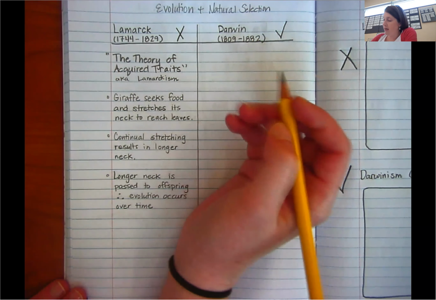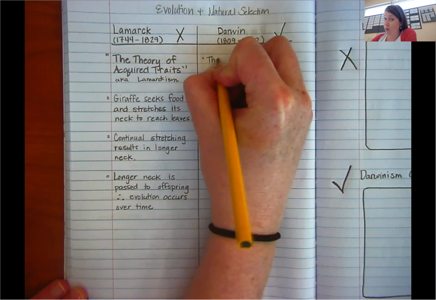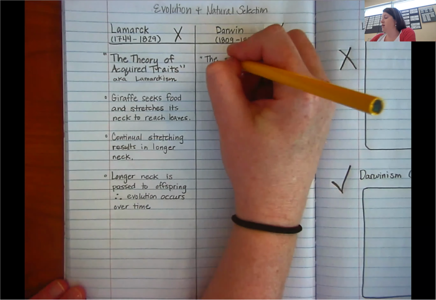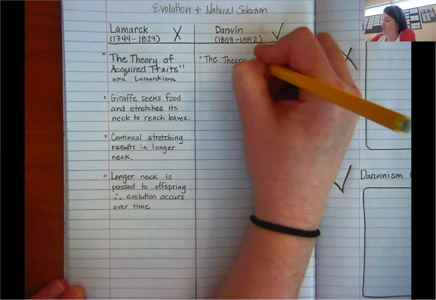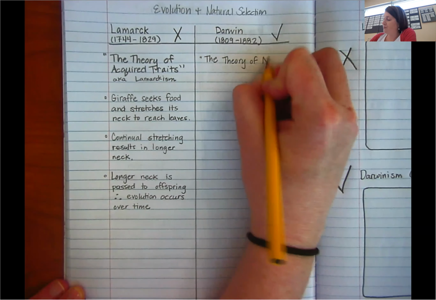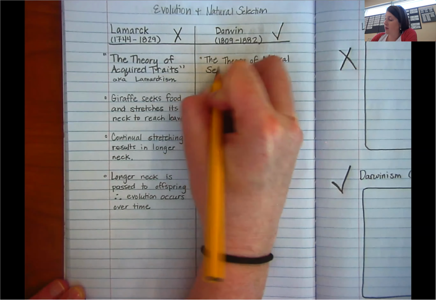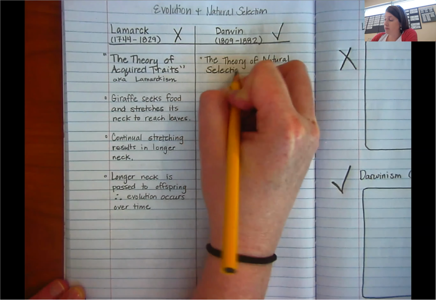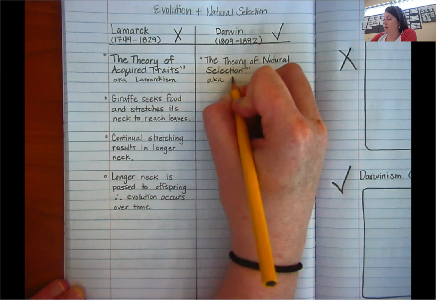And he comes along and creates what's called the theory of natural selection. I'm sure you've heard it before. Or, also known as Darwinism.